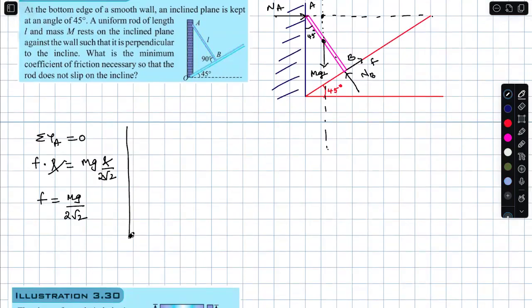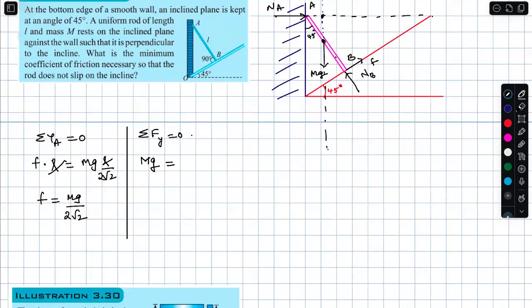One part is done. Next part, sigma Fi is 0. What are the downward forces? Only weight. Except weight, there is no downward force. What are the upward forces? Component of normal reaction. Please try to understand.